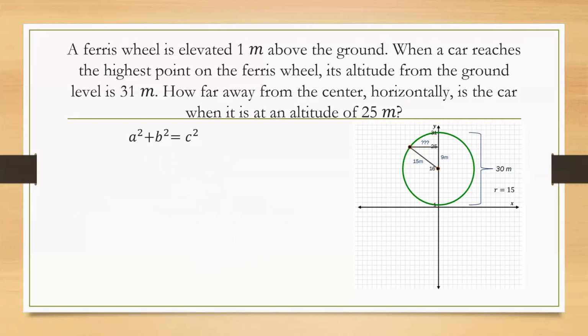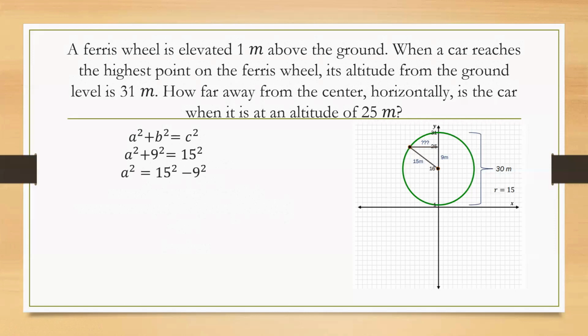So next, now that we have our values, we simply replace them, or we put them into the equation. So our B becomes 9 and our C becomes 15. Then we have to rearrange the equation so that we can find A there.